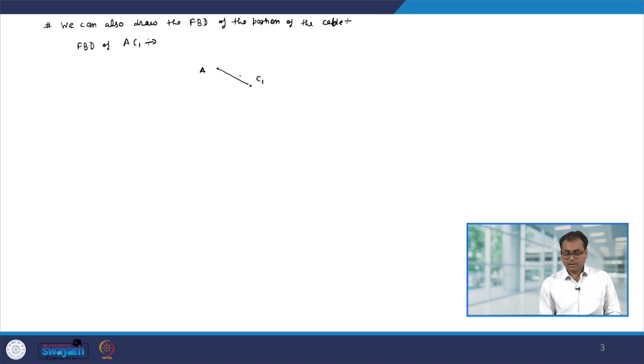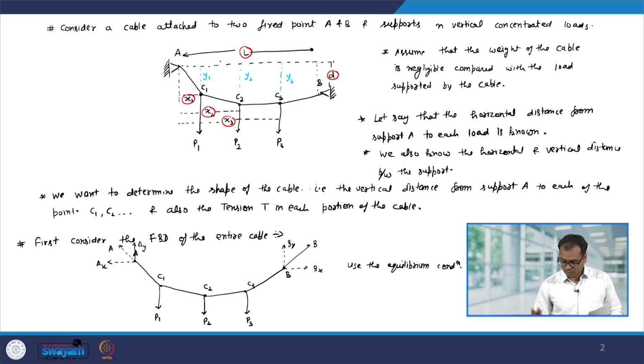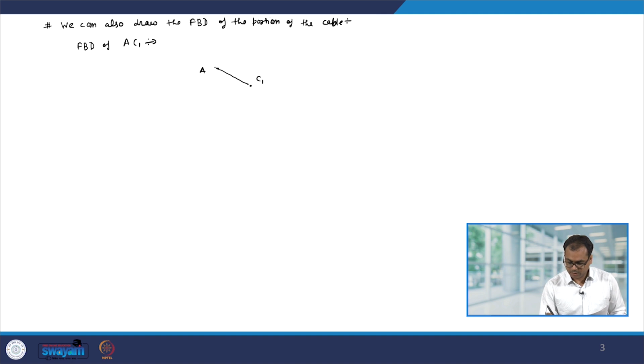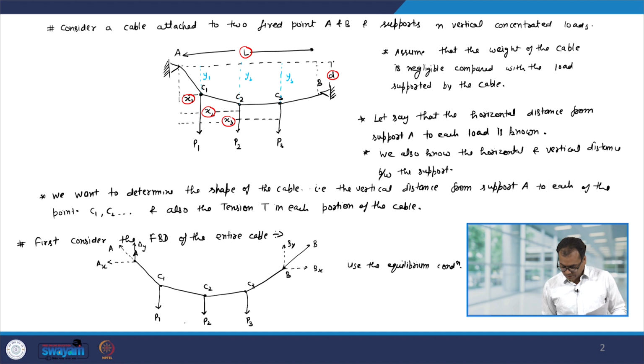So, at A there will be force. So, look at this, at A I have a force along the cable. So, there will be a force like this, let us call it force A, and as I said you can write it down as Ay and Ax, and at point C1 I will have a force again along the cable. So, for example, this is the direction.